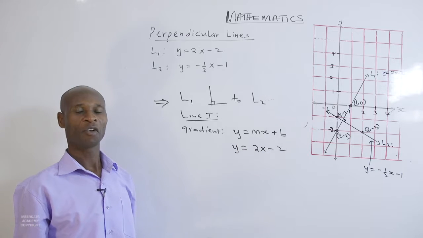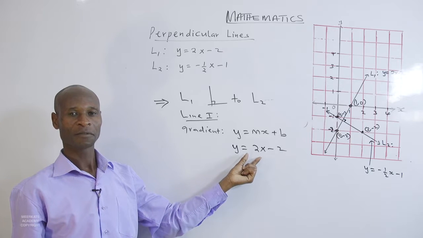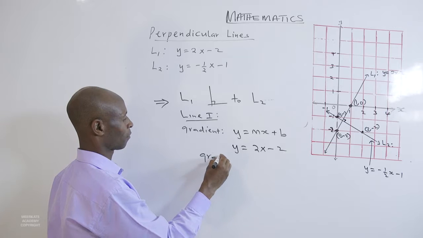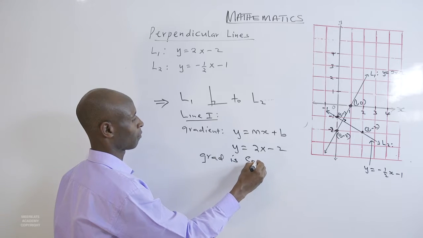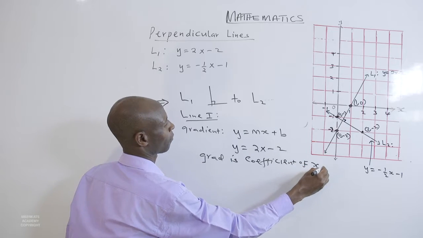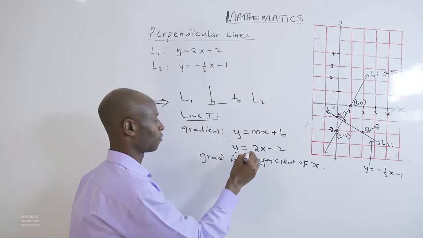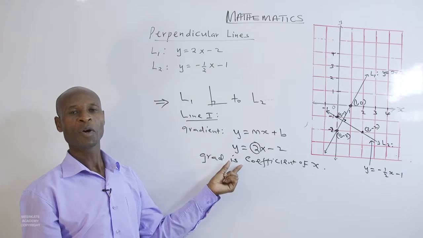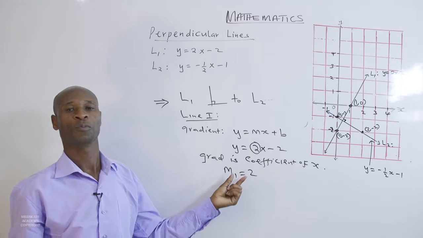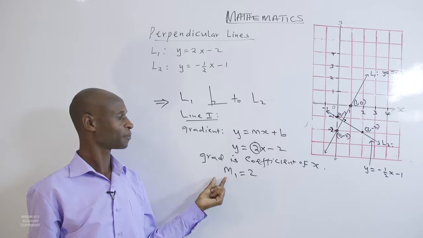So what is the gradient of that line 1? The gradient of line 1 is the coefficient of x. And in this case, the coefficient of x is 2. So we can say m1 is 2, where m1 represents gradient of line 1.